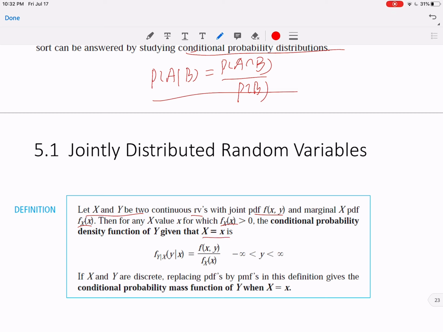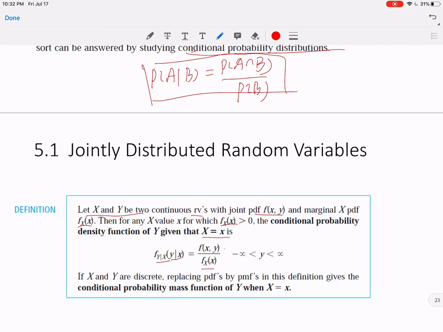So we're looking for the conditional probability distribution of y given x, and we use the vertical line: f sub y vertical line x means y given x, with little y given little x. Based on what we went over, on the top we have x and y, or A and B, which means we need the joint PDF on the top, divided by the given marginal PDF on the bottom.